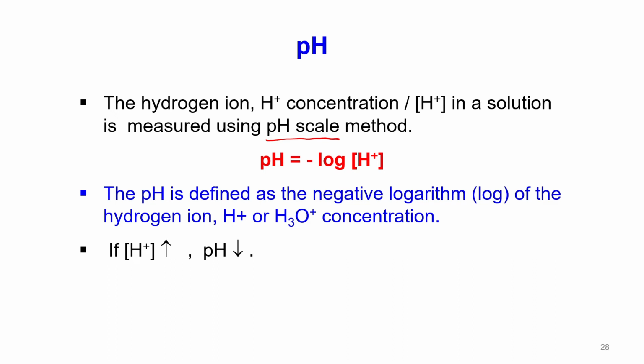The pH is defined as the negative logarithm of the hydrogen ion H+ or H3O+ concentration. If the concentration of H+ is high, sekiranya concentration H+ tinggi, the value of pH will be low, jadi nilai pH menjadi sangat rendah, which means it is more acidic.